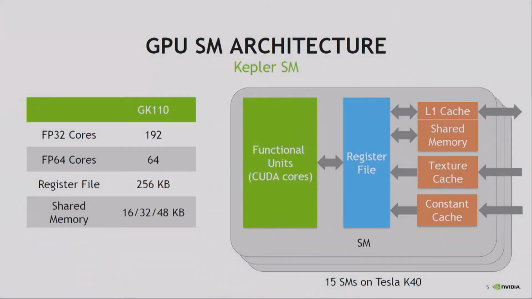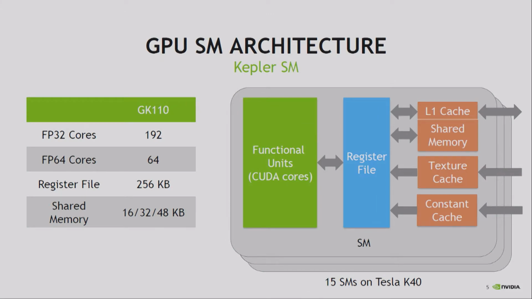Each SM has a set of functional units that can do operations like FMAs, integer operations, loading, storing, and other things. These functional units are connected to a register file, and further away from them we have the L1 cache, shared memory, texture cache, and constant cache. This is the Kepler SM.